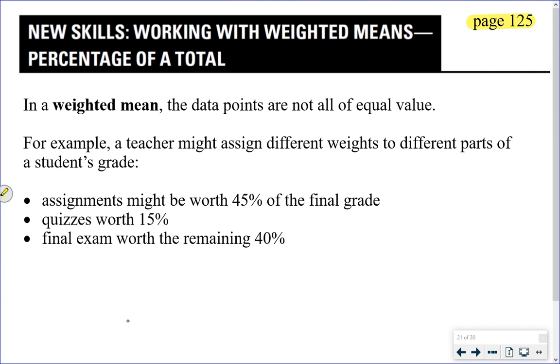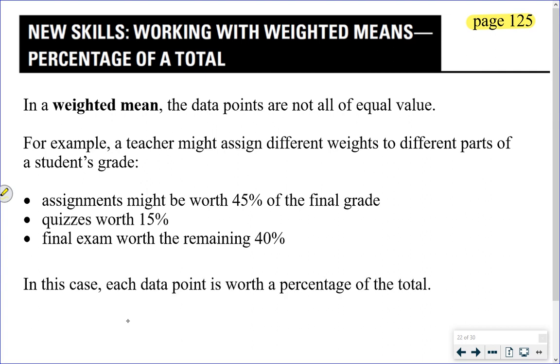If it only adds up to 80, then that 40 is not really 40%, because it's got to be 40 out of 100. In each case, each of these data points is only worth a percentage of the total that you use to calculate an average. And this is probably the trickiest part of this section that we're in right now.